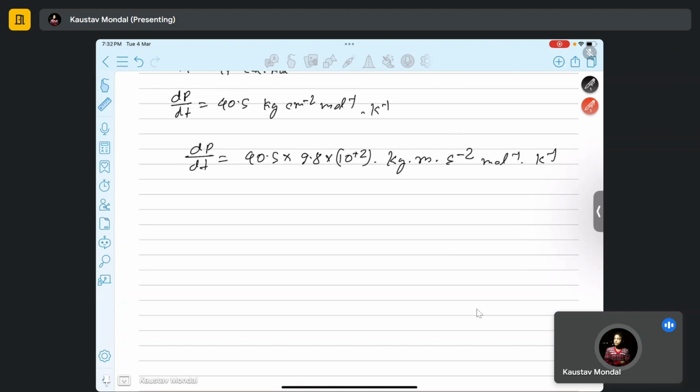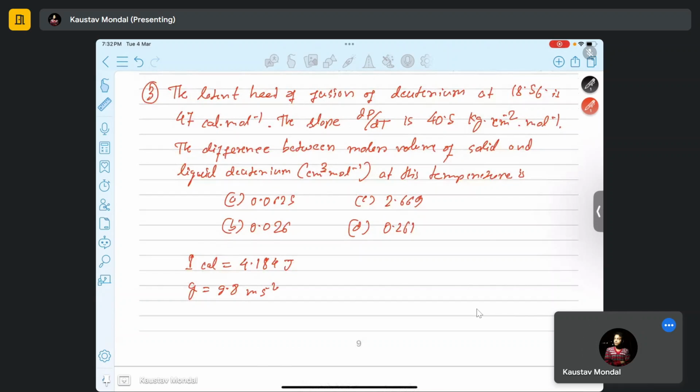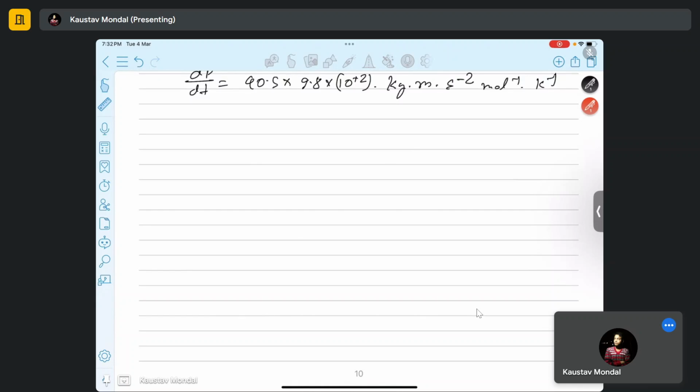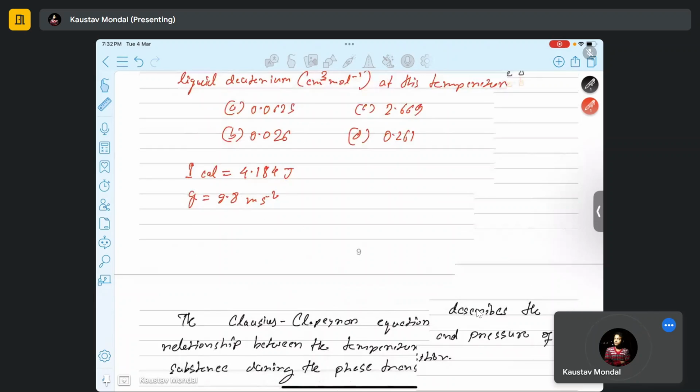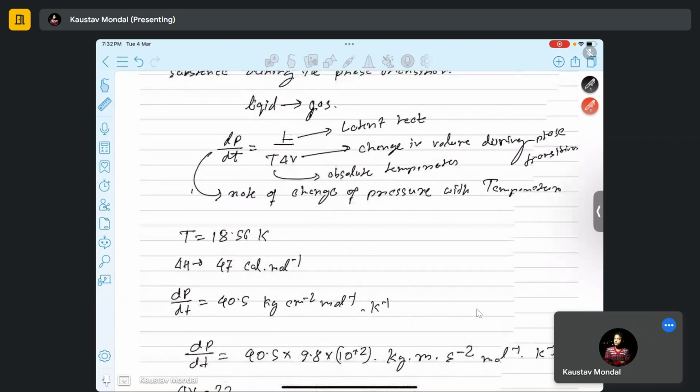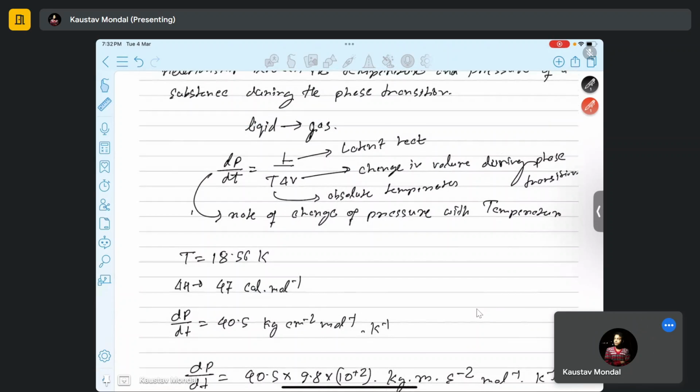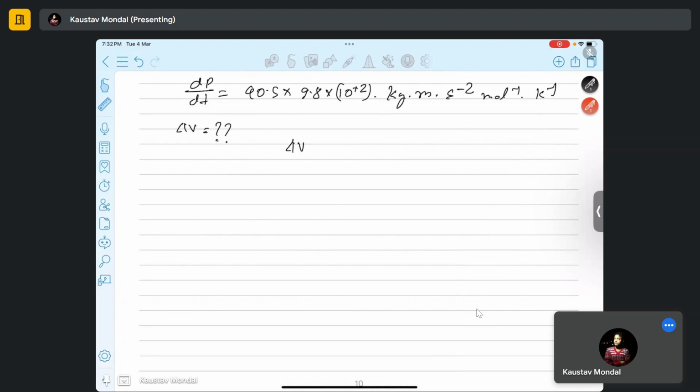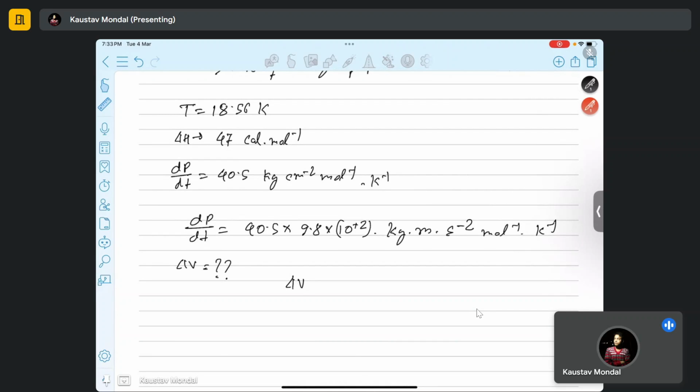Now this is it. So now you have to calculate what is the del V. Okay, so del V is basically, this is L, sorry, this is L, latent heat.